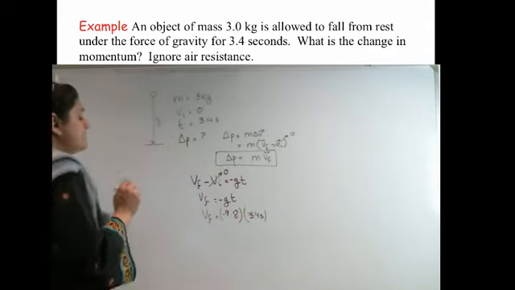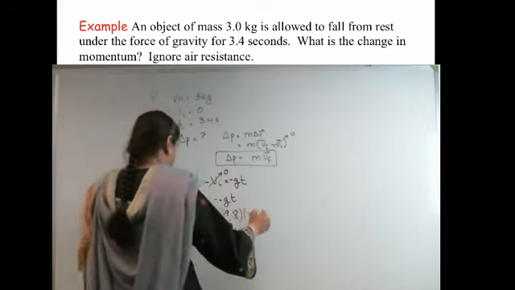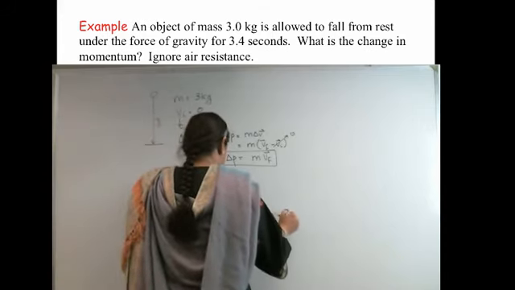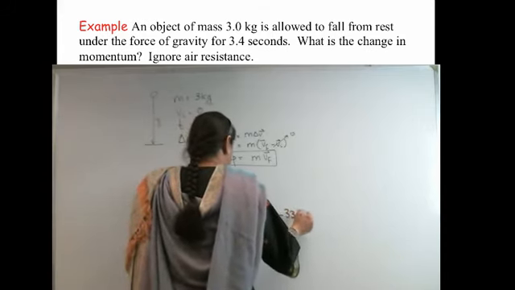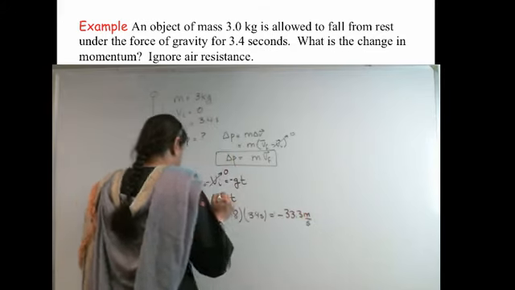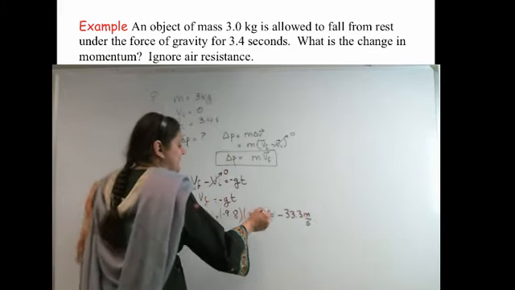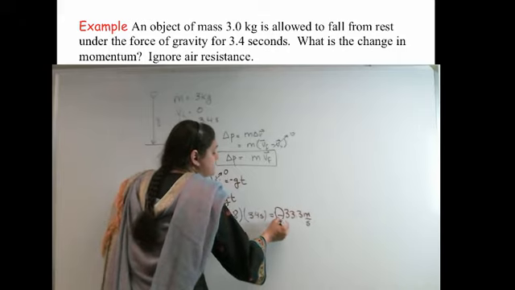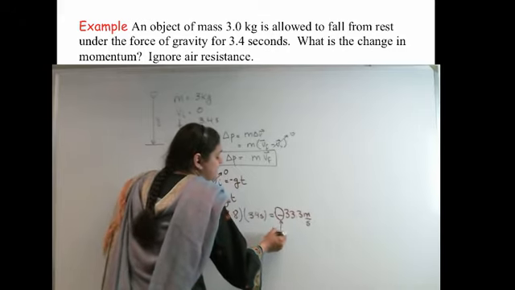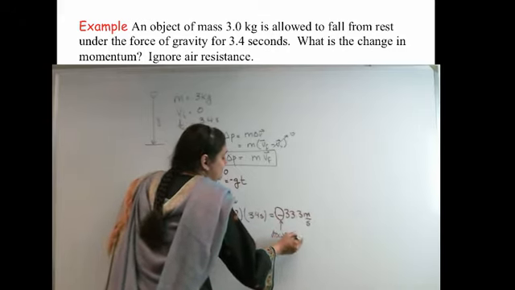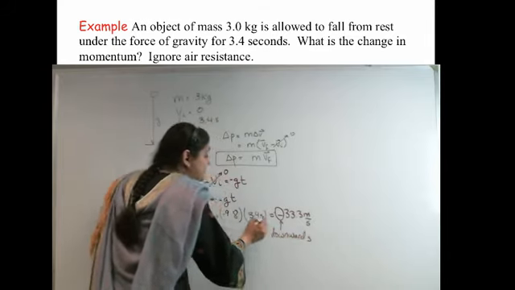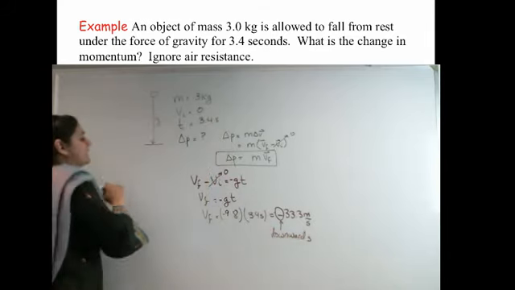Plug it into your calculator and your velocity value comes out to be minus 33.3 meters per second. Now what does this minus sign mean? This minus sign means that this velocity is downwards, which it should be if it's falling down.